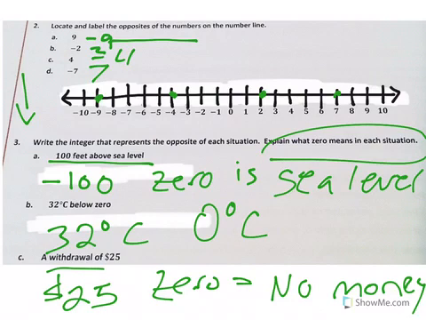Okay. So these are some helpful examples, but there's one more thing I want to talk about, and that is, does 0 always have to represent a lack of something? And the answer is no. I'm going to give you an example. In my checking account, the bank requires that I keep $25 in the account.